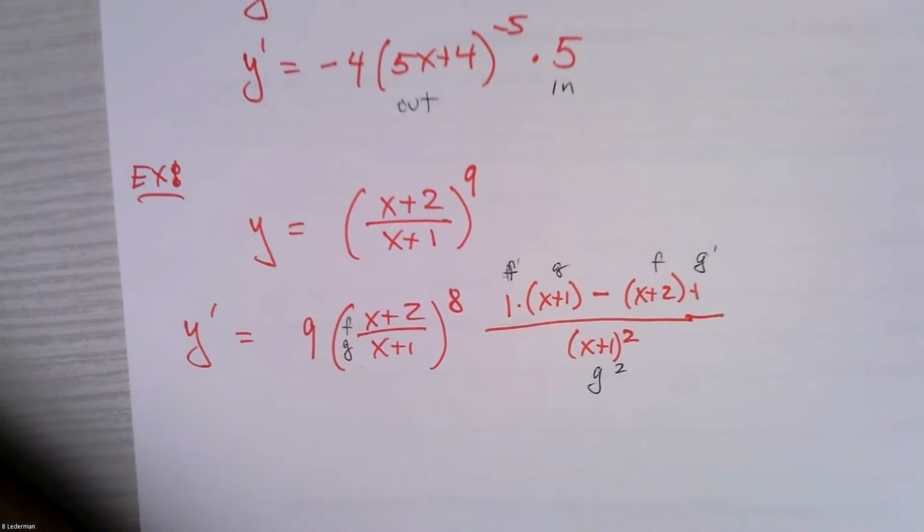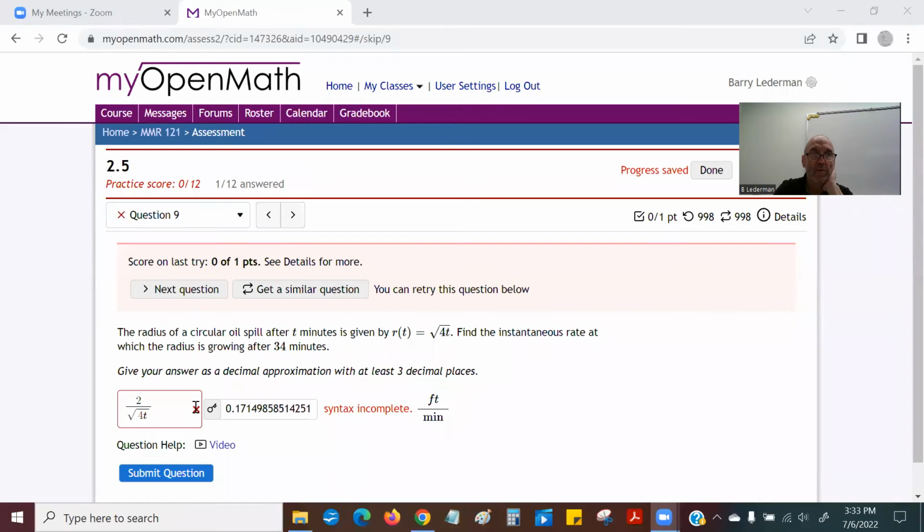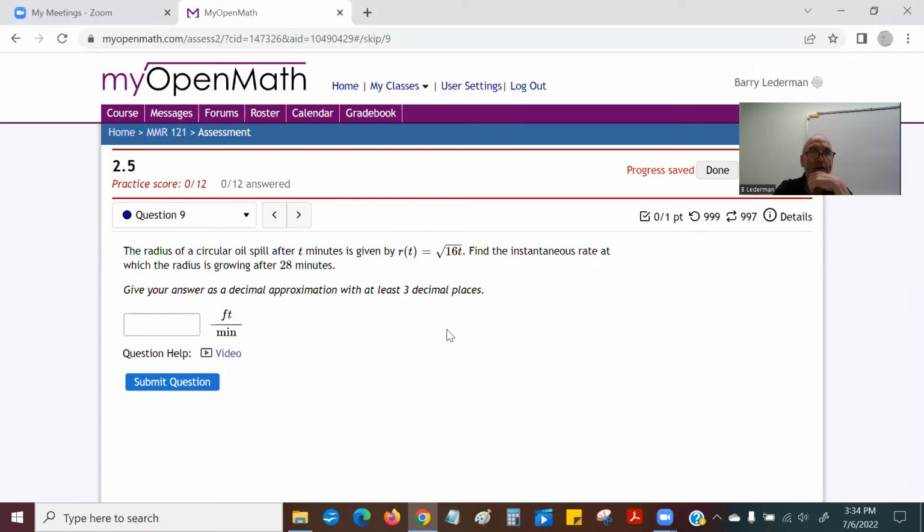I want to show you a problem that appears in my Open Math Lab. It's actually one of the homework problems. So I'm going to switch cameras now, and I'm going to share my screen. And here we go. The radius of a circular oil spill after t minutes is given by R of t is equal to the square root of 16t, R being the radius and t being time in minutes.